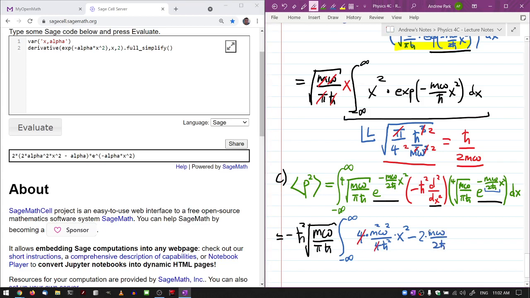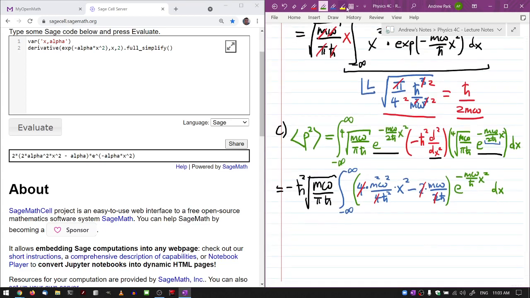Let me just cancel some of these terms. And for the exponential term, this is what they'll look like. They multiply to this commonly, so there's the exponential term from here, and there's the other exponential term. So it's going to be e to the minus m omega over h bar x squared dx.